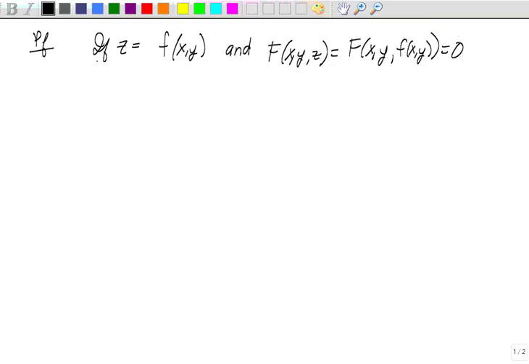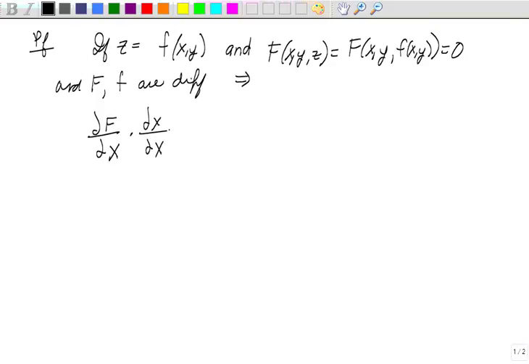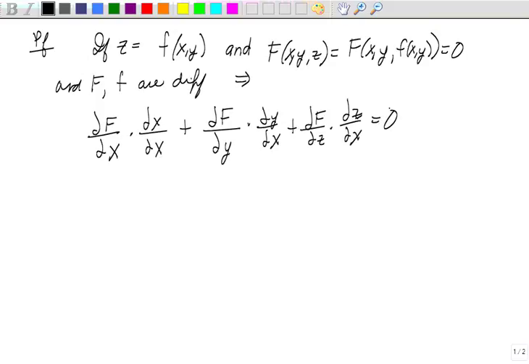That equals 0, and f and little f are differentiable. Now we can say that the partial of f with respect to x times the partial of x with respect to x plus f with respect to y, y with respect to x, plus f with respect to z, z with respect to x, that's all equal to 0.